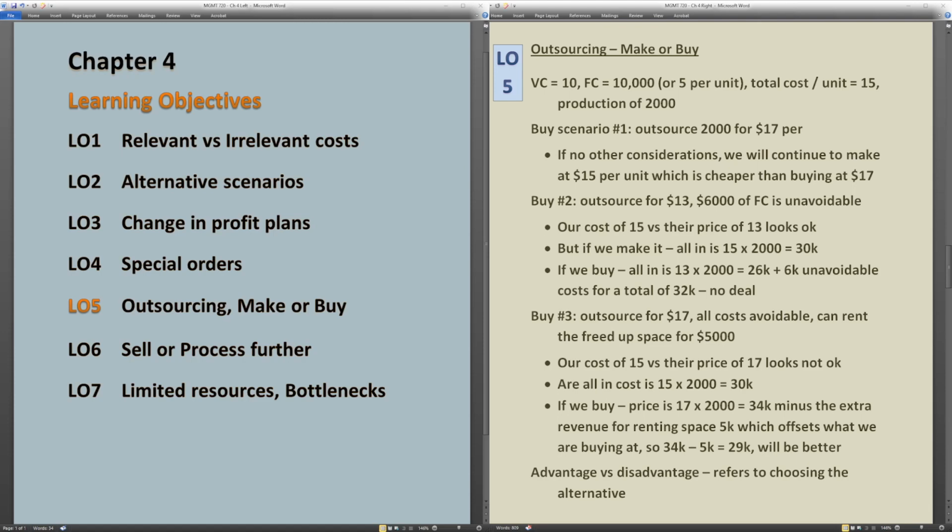That $5,000 of income would offset the $34,000 of cost, what we're paying. So 34,000 minus 5,000 is 29. It's marginally better than doing it ourselves.